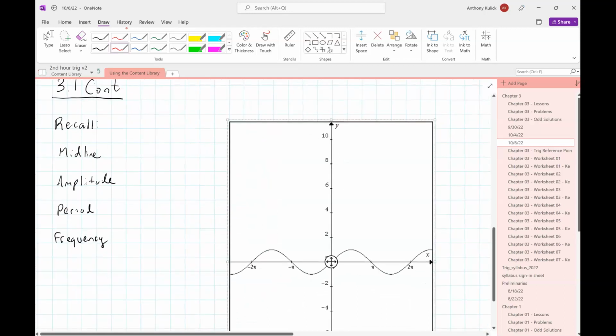So if we remember here, the midline was this horizontal line that divides the graph into 2 equal pieces. So I have an equal amount of graph above the line and an equal amount of graph below the line.